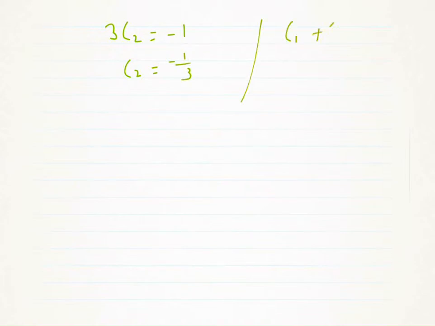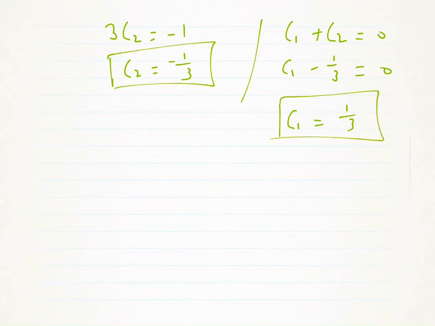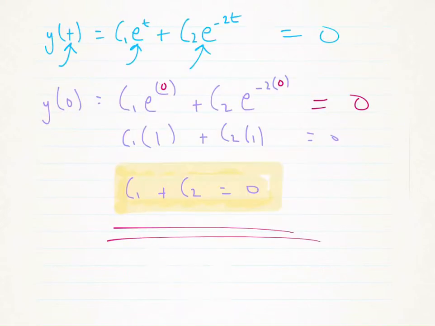Now I know that c1 plus c2 is equal to 0, so c1 minus 1 over 3 equals 0. Yeah, so c1 is equal to 1 over 3. Still not finished yet. We just want to get our general equation, which is y of t is equal to, and I'm going back to this one, and all I'm doing is replacing the c1 and c2 with what I got.